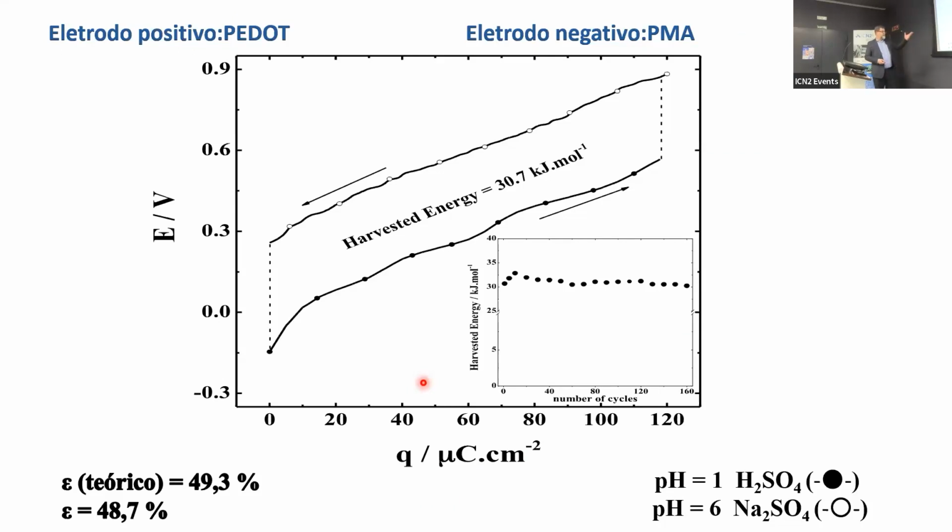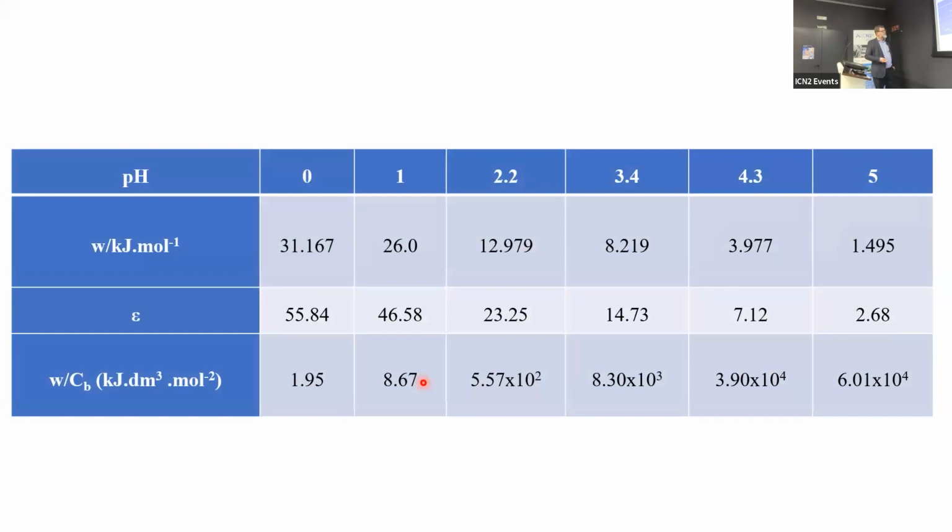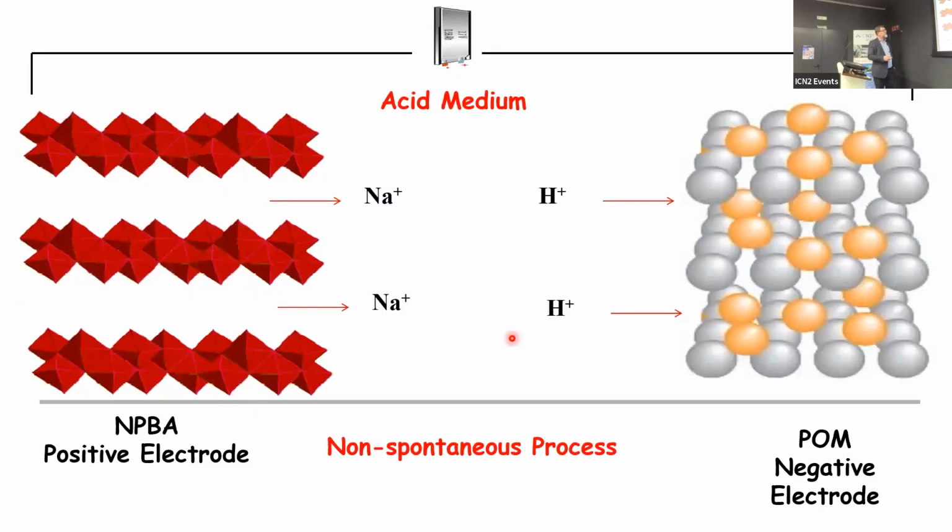And we have done the proof of concept. Here are some results and data about the work produced or stored by using this electrochemical system, and here the efficiency on the basis of thermodynamic concepts.